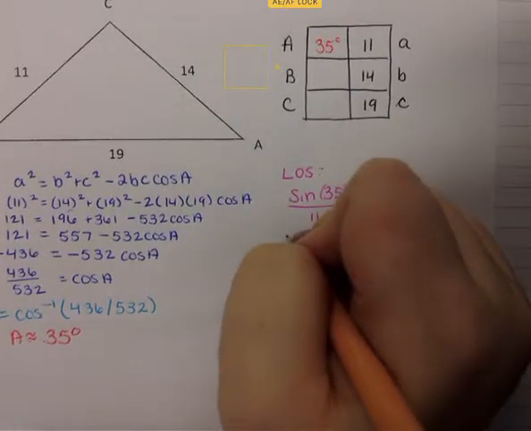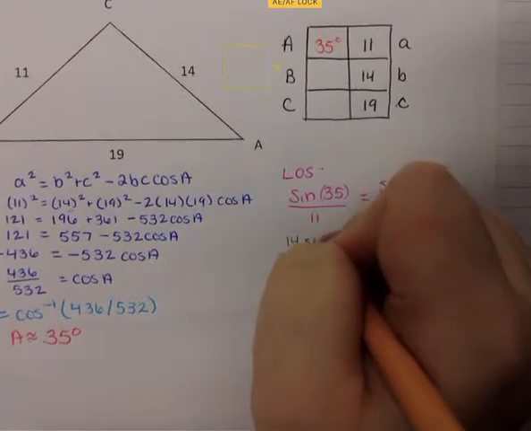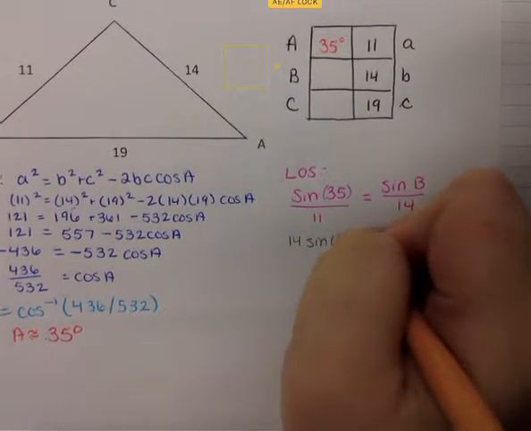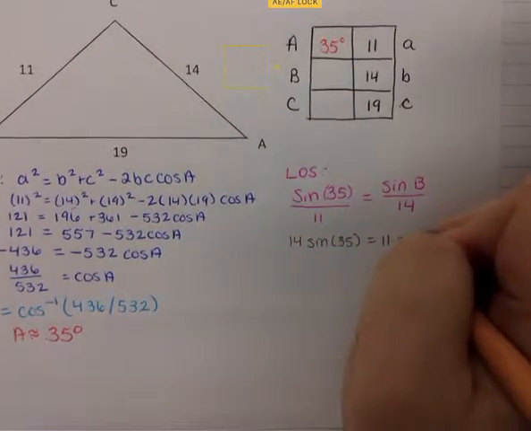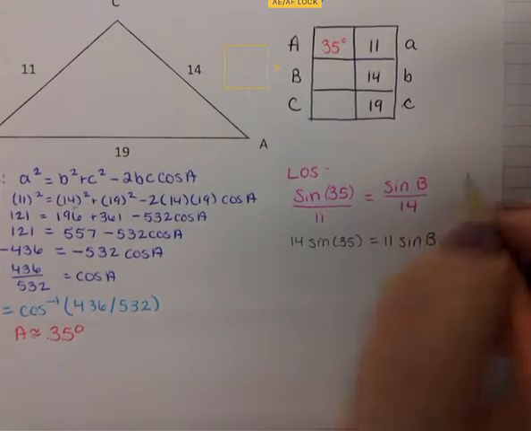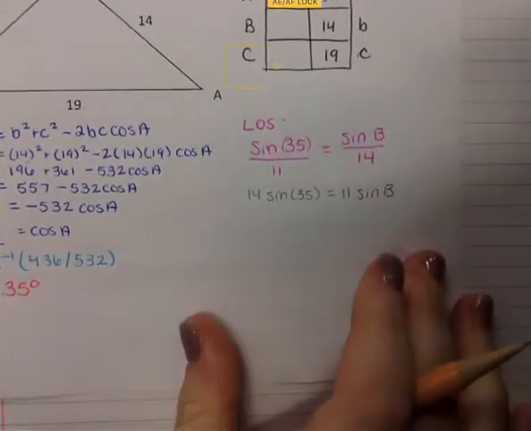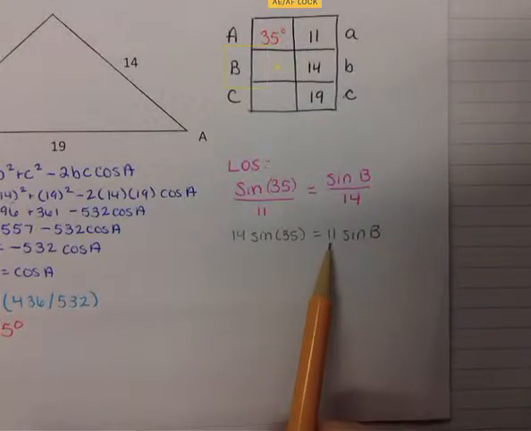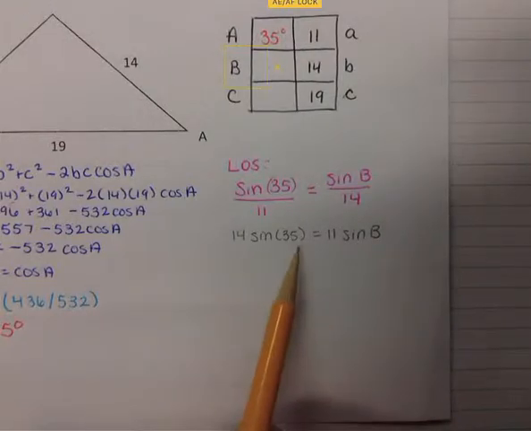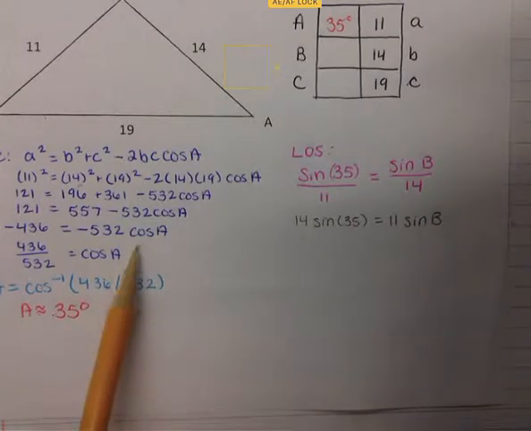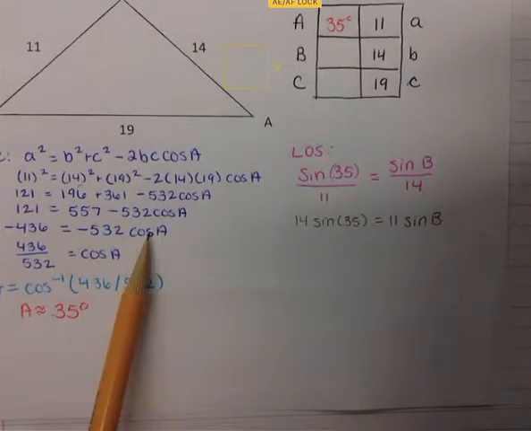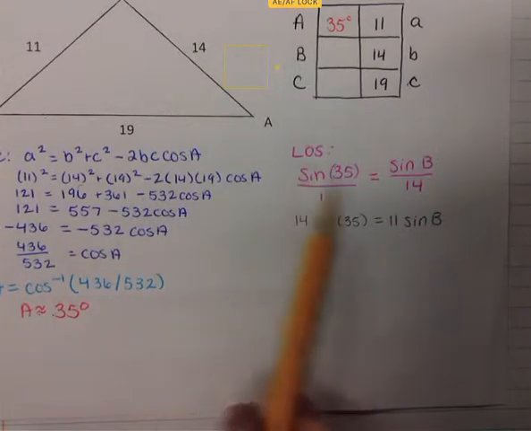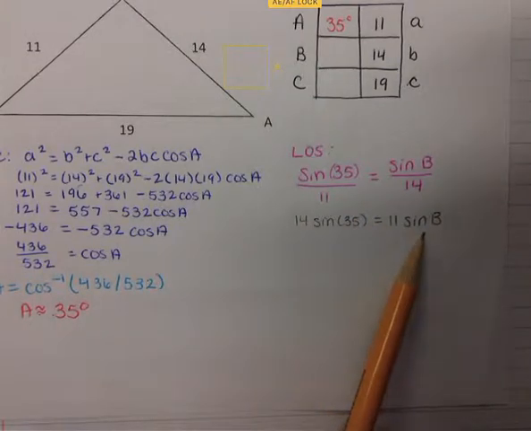So we will have 14 sine of 35 is equal to 11 sine of big B. In this case, we will have to divide by 11 to get the sine of big B off of it. Just like over here, we had to divide, but then we ended up doing the inverse of our cosine. So here we'll divide and do the inverse of our sine.